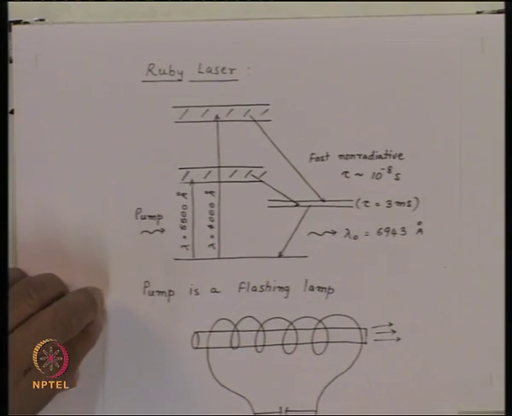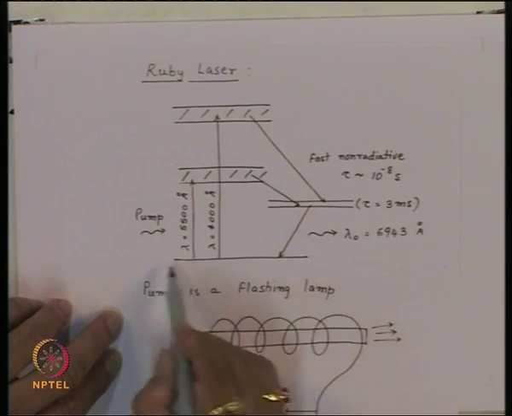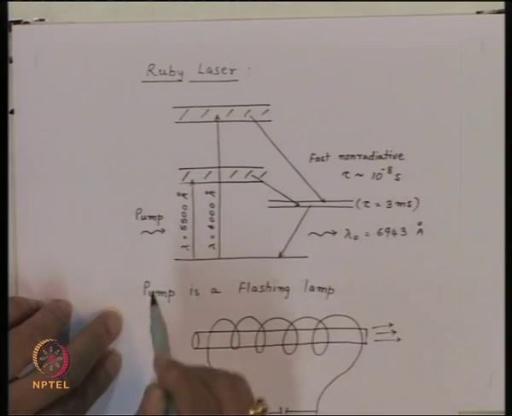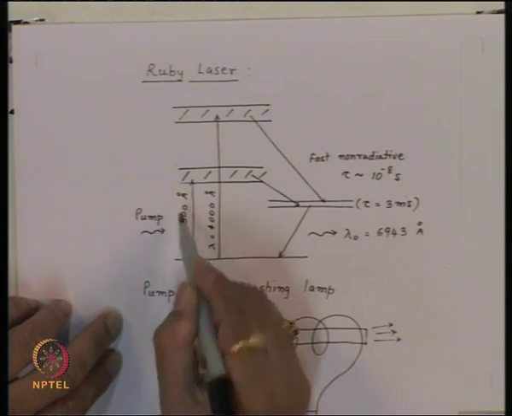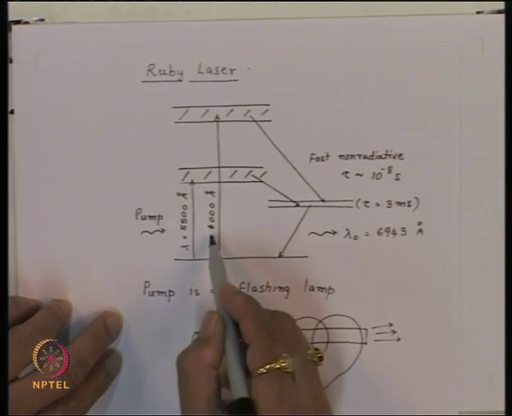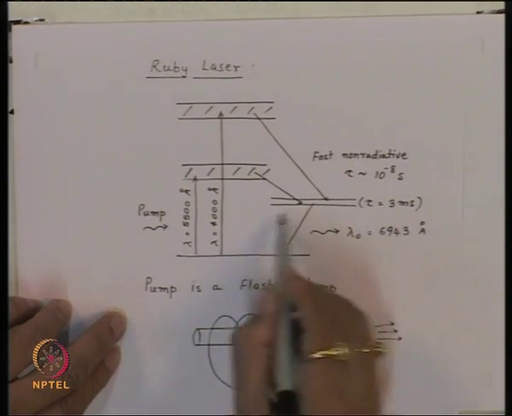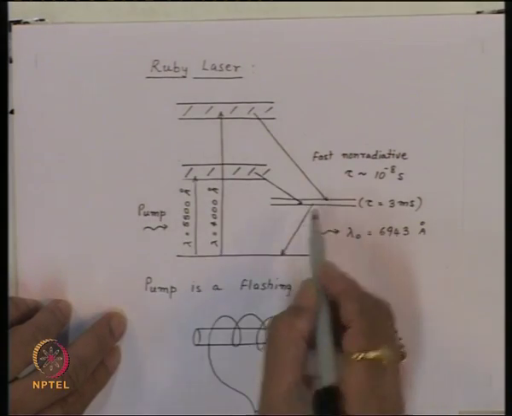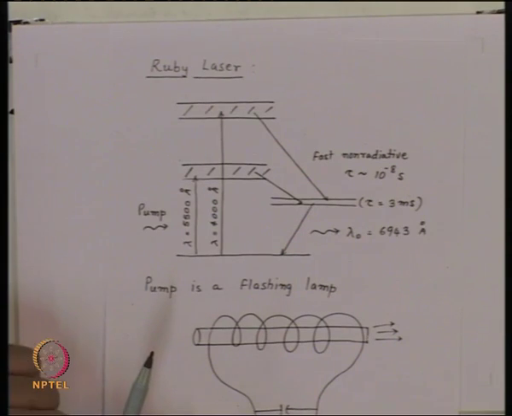If you look at the energy level diagram for ruby, you have the ground state, then a little spread energy level here, which corresponds to a wavelength of 5500 angstrom, and then another energy level here which corresponds to 4000 angstrom, and then another energy level here where the electron can make a transition and you can get the stimulated or spontaneous radiation.